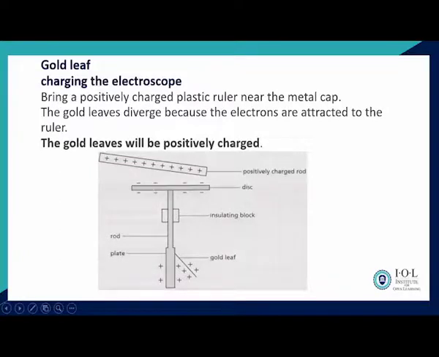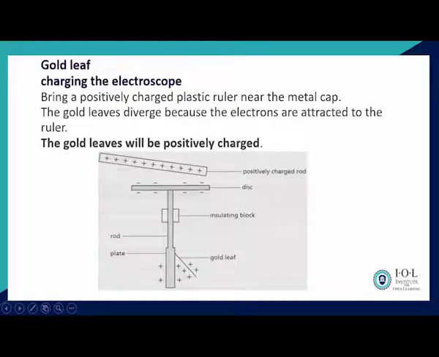You can see the disc of the electroscope here is negatively charged. Now, why is it charged? Let's say it was neutral before, when you bring this rod closer to the metal cap.